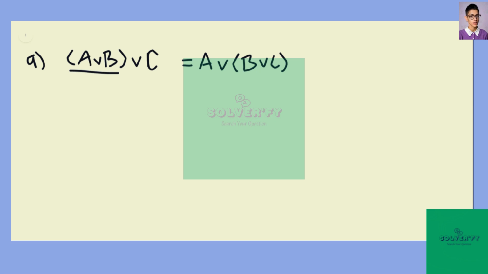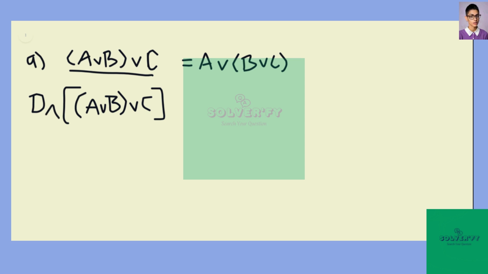So we're going to take this first expression, this A or B in parentheses or C, and with the whole thing, we're going to introduce a new matrix, D, and we're going to take D and it, right?